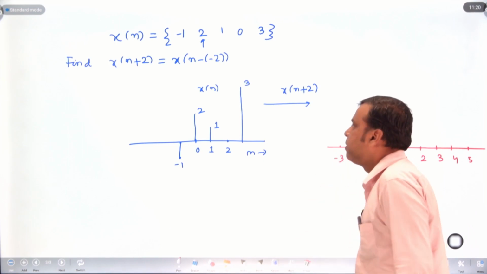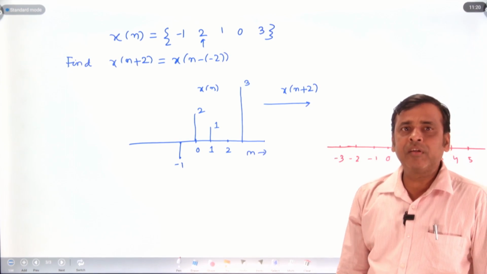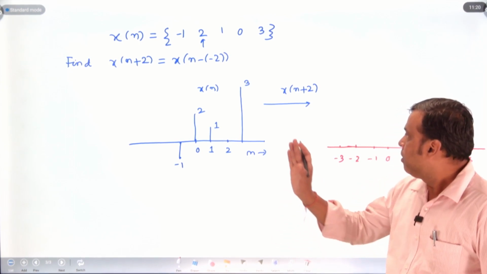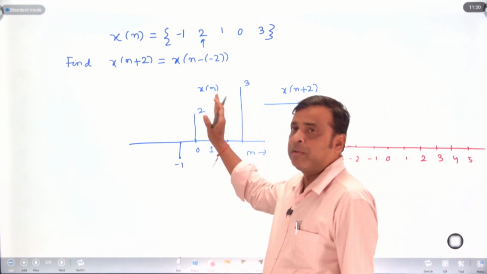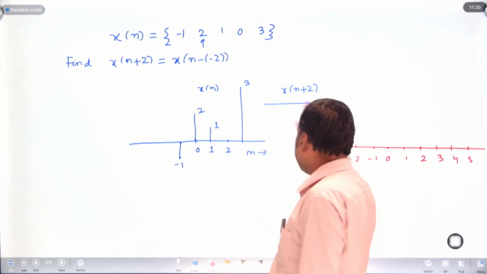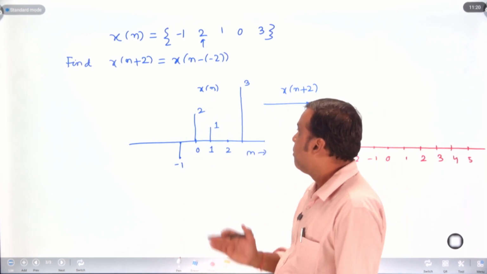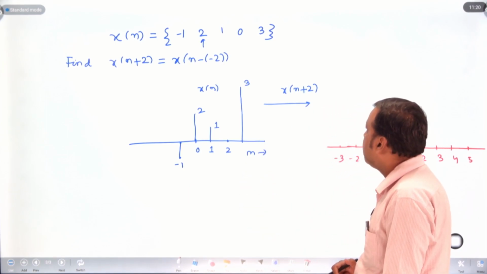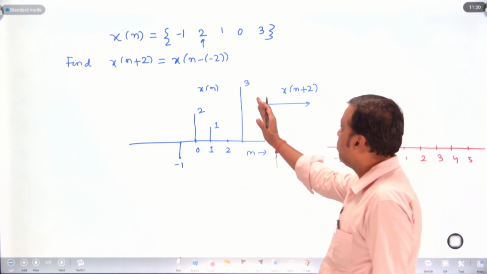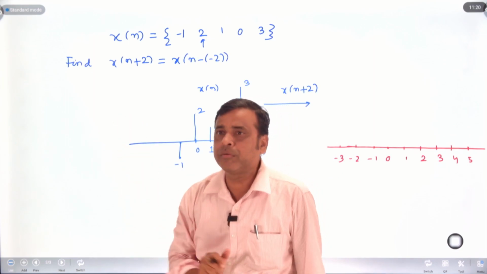In graphical representation, in case of delay, where k is a positive integer, x of n minus 2 is graphically shifted toward the right. But in case of advance, each sample is shifted to the left by 2 units of samples.